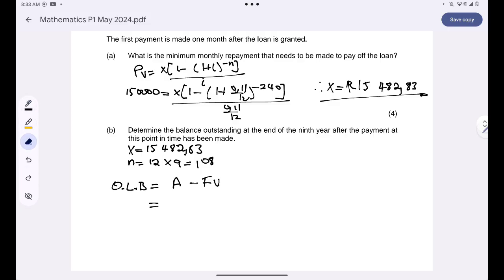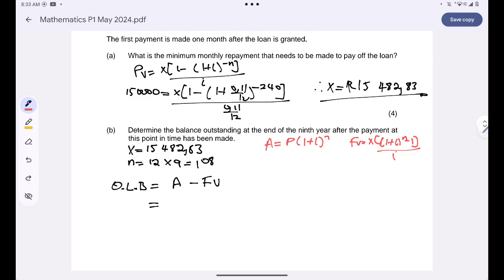Okay, remember that A is just the value of the interest. I mean, it's the compound interest formula, right? 1 plus I to the power n, and then FV is our future value, X times 1 plus I to the power n minus 1 over I. Are you together?